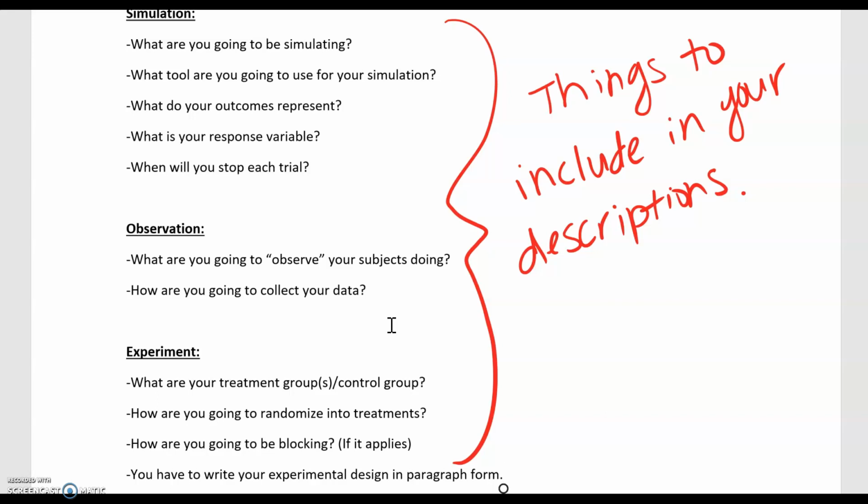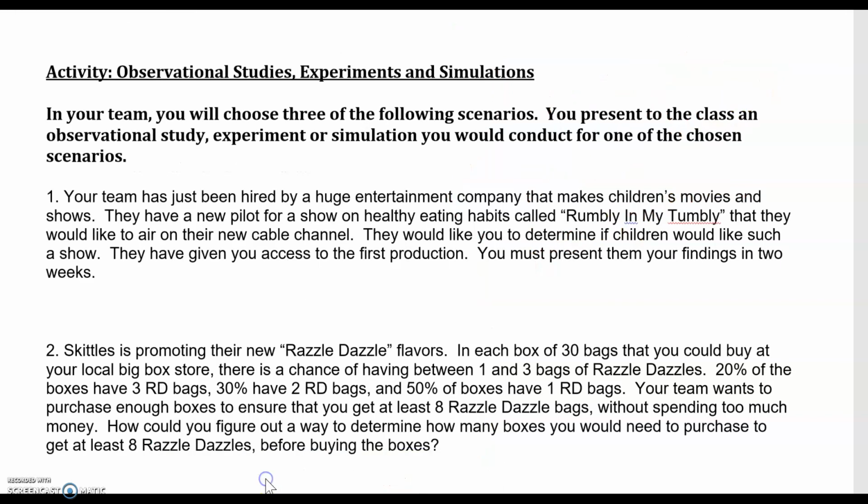I would either write these down or take a screenshot of this slide so you have it for your reference. For example, the first one says your team has just been hired by a huge entertainment company that makes children's movies and shows.